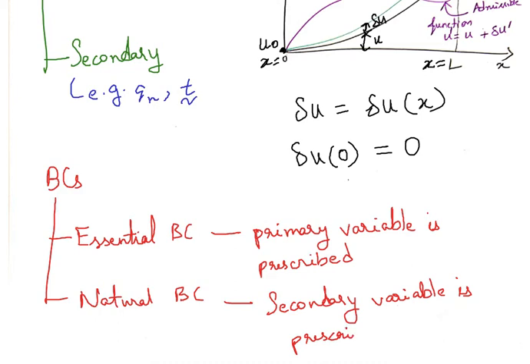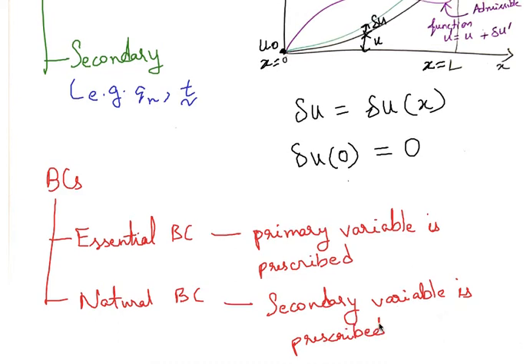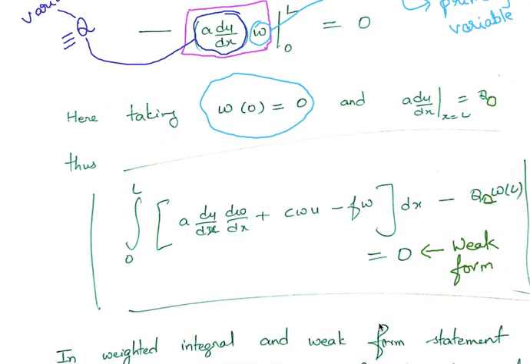One point to note is that the natural boundary condition enters the weak form statement. We have this a du by dx at x equal to L, and we are replacing it with q naught.